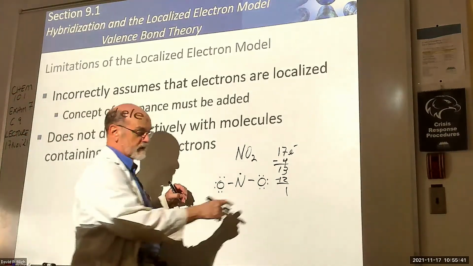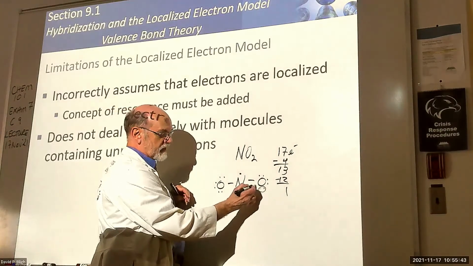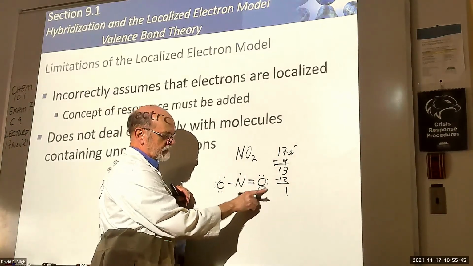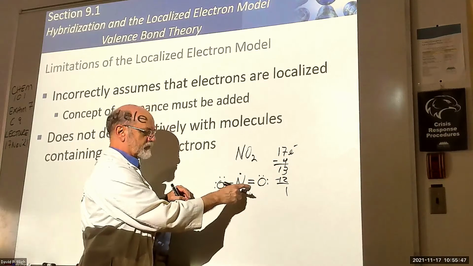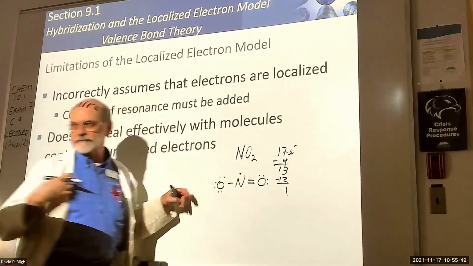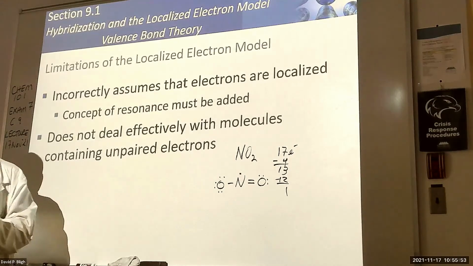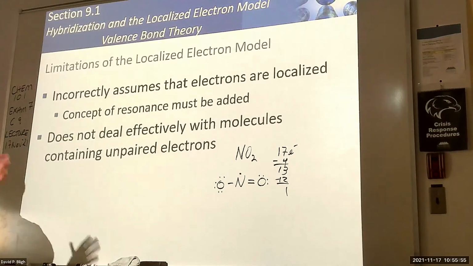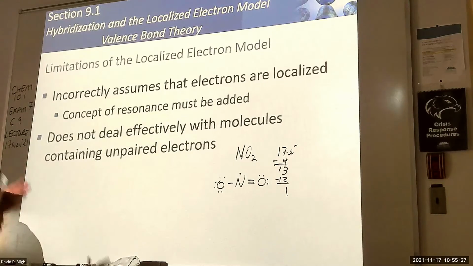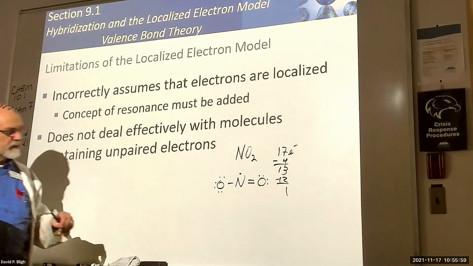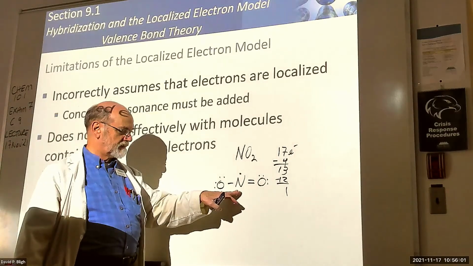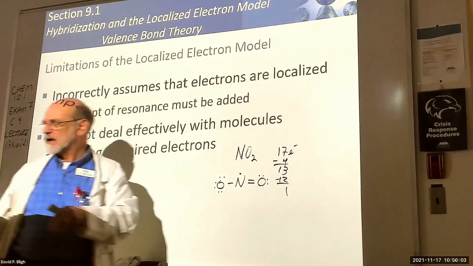We can approach it if we take one side or the other and make a double bond. Now we have 2, 4, 6, 7. We have 7 on nitrogen. We can't exceed the octet in nitrogen because it doesn't have any d orbitals available. So we're stuck at 7, and this unpaired electron.